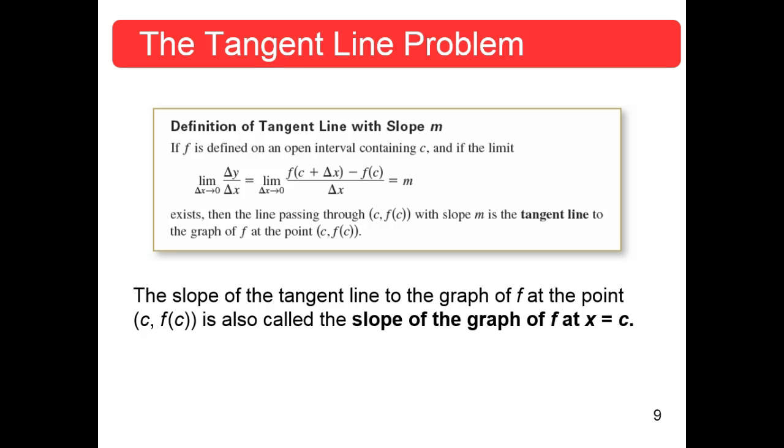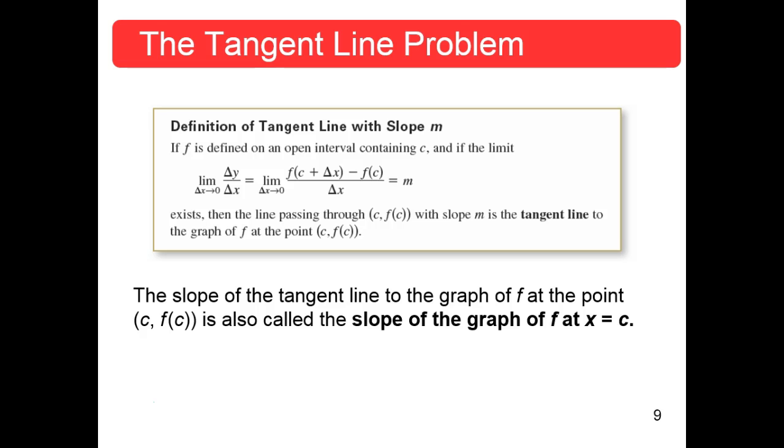So here's the definition of the tangent line with slope m. They led you up to this, but didn't quite say it in section 1.1. They just talked about it. This is then the definition.